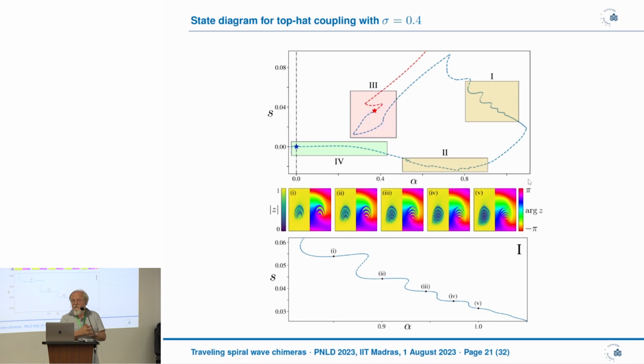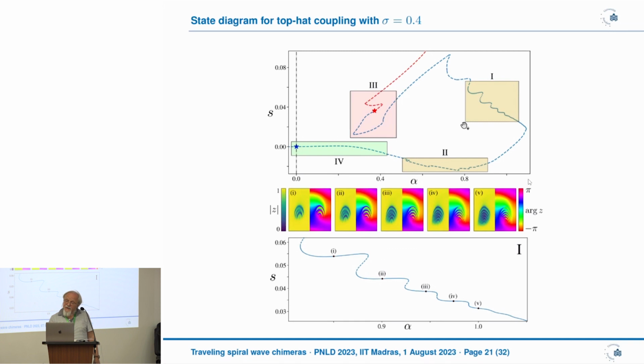But as soon as alpha departs from 0, they start to move, and initially they move very slowly over here. Then you enter more complicated regions. I'll talk about this in a bit. And then you get this region of so-called slanted snaking, which is a property of the fact that this is a non-local problem. And then you get a whole bunch of other states up here.